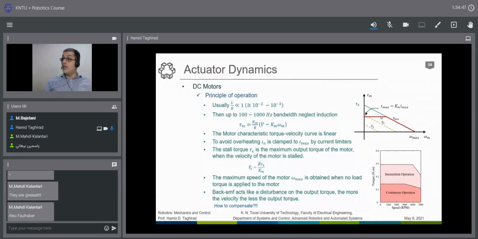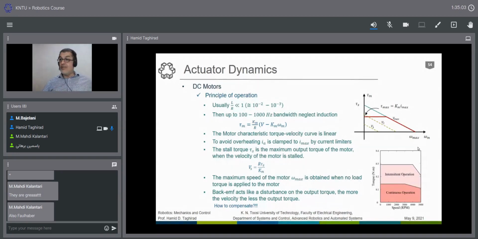Why are these important? These are important for the dynamics. I will show you because we have the torque with respect to the velocity. We have the torque with respect to q dot for the system.